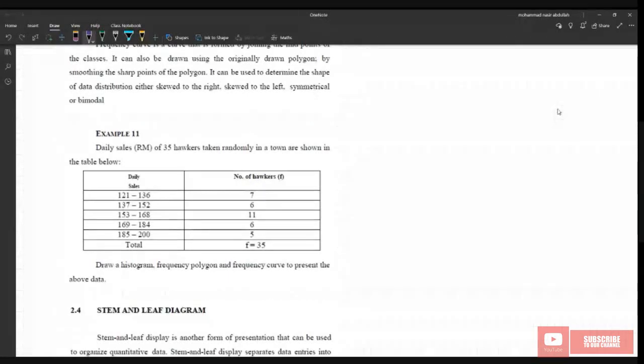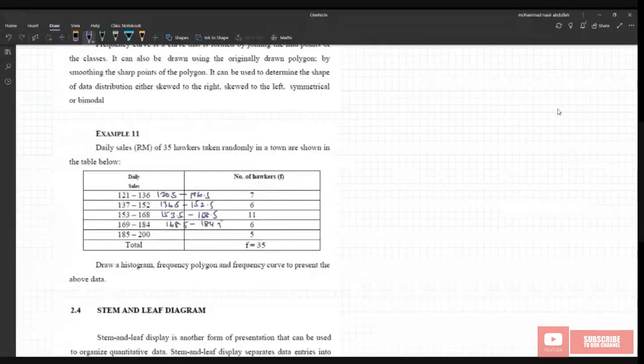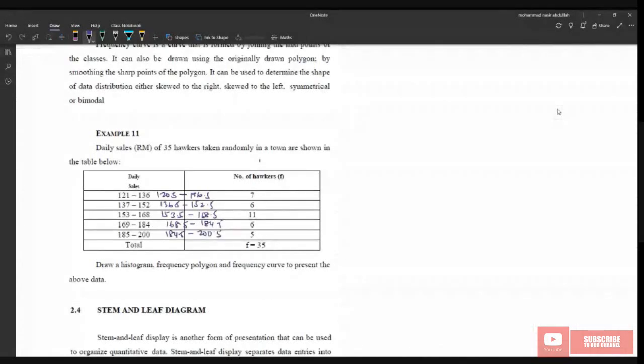If you want to create a class boundary, it means that you need to convert this class to class boundary, right? So this one is 120.5 to 136.5. 136.5 to 152.5, 152.5 to 168.5. This is 168.5 to 184.5, 184.5 to 200.5. And this is the frequency value. So we want frequency value and class boundary.